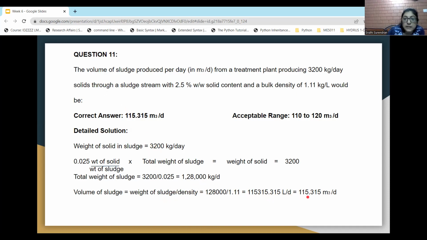When you convert it to meter cube per day, it will give us 115.315 meter cube per day of sludge from the treatment plant. So this is another version of the question that we discussed earlier, where they had given us the volume. Here they have given us a weight. So the weight again in the end, when we divide it by the bulk density, is giving us the volume of the sludge in meter cube per day.